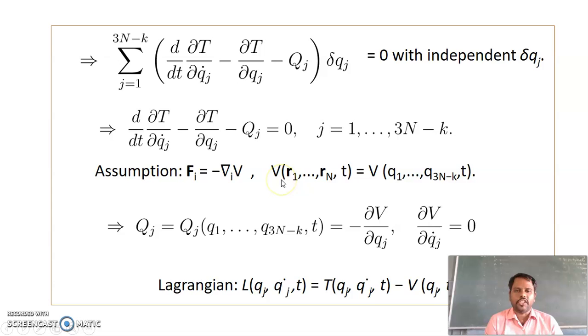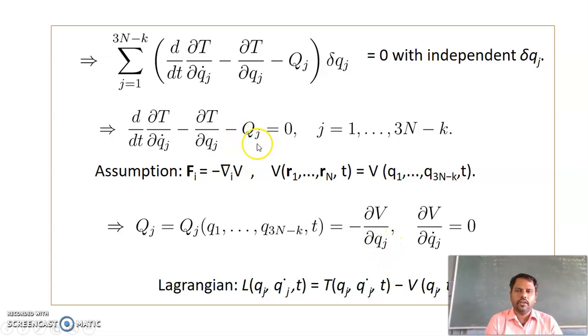If that potential is a function only of the position but not of the velocity, that is, if the potential is a velocity independent function, then dou V by dou Qj dot will be set to 0. Then Qj will be equal to minus dou V by dou Qj.